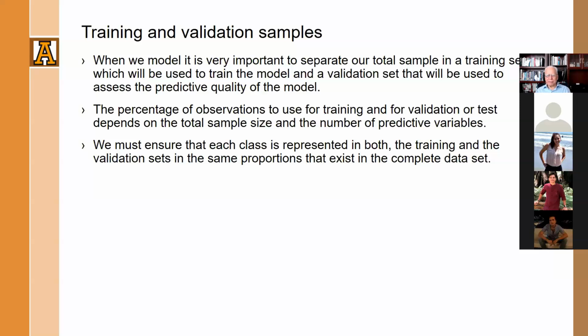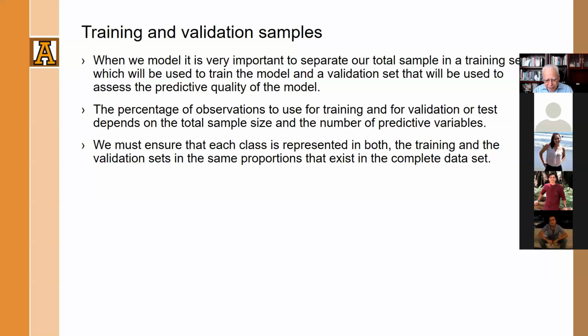Okay, training and validation. Now, what percentage of data should we devote to training and what to validation will depend on a lot of factors. We definitely want to have a large enough training data set, but also a large enough validation data set so that we can encounter situations that may not be in the training data set.